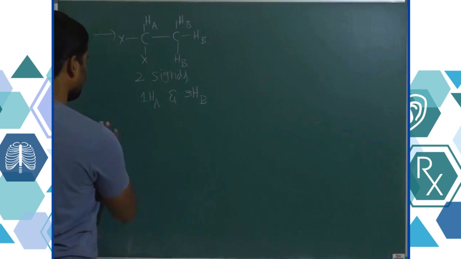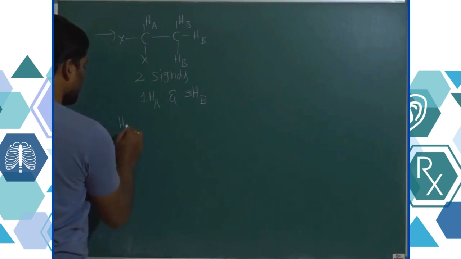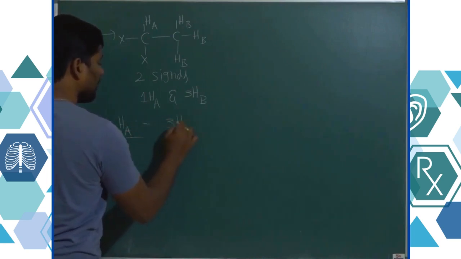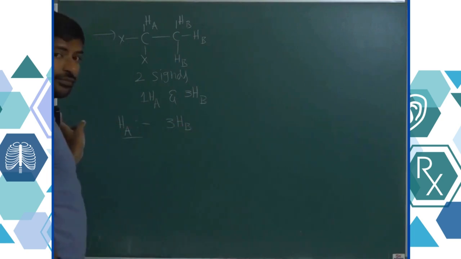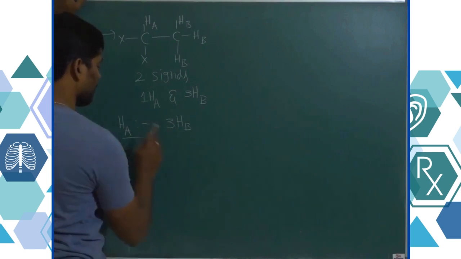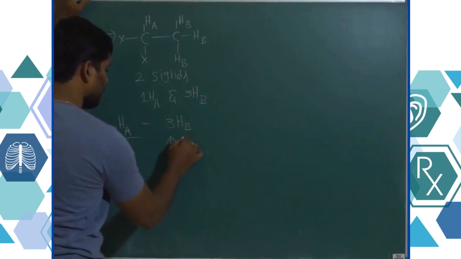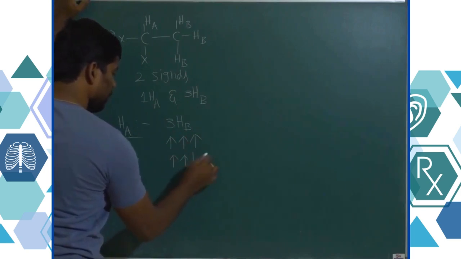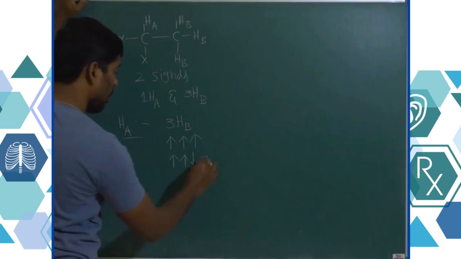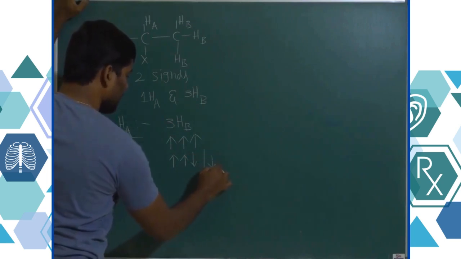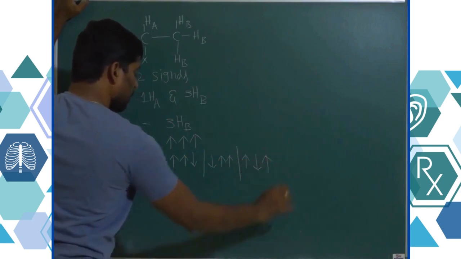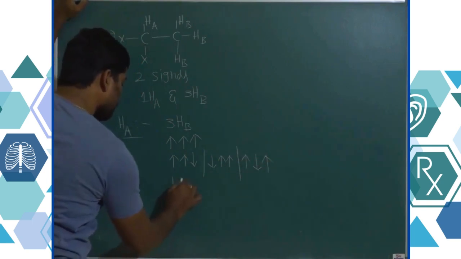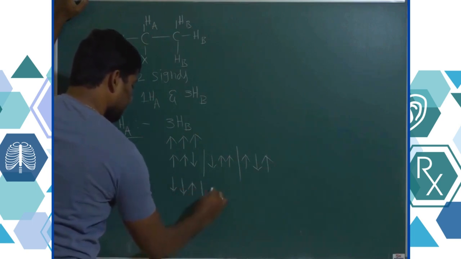Now the signal for HA is split into how many lines? What are the possibilities for these 3 protons? The 3 protons may arrange like this: all with upward orientation, or 2 upward and 1 downward, for which we have 3 possibilities. Next, 2 downward and 1 upward, again 3 possibilities.